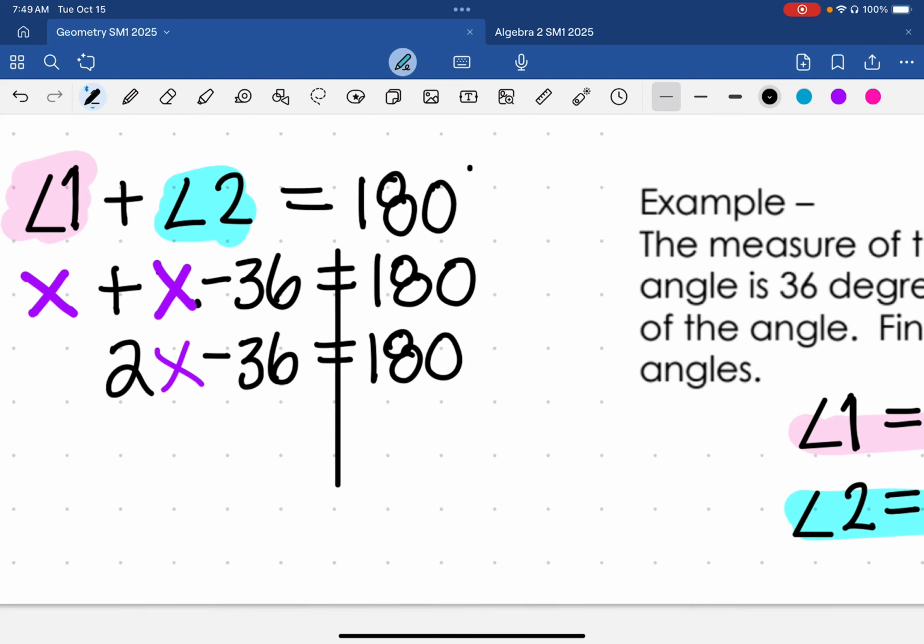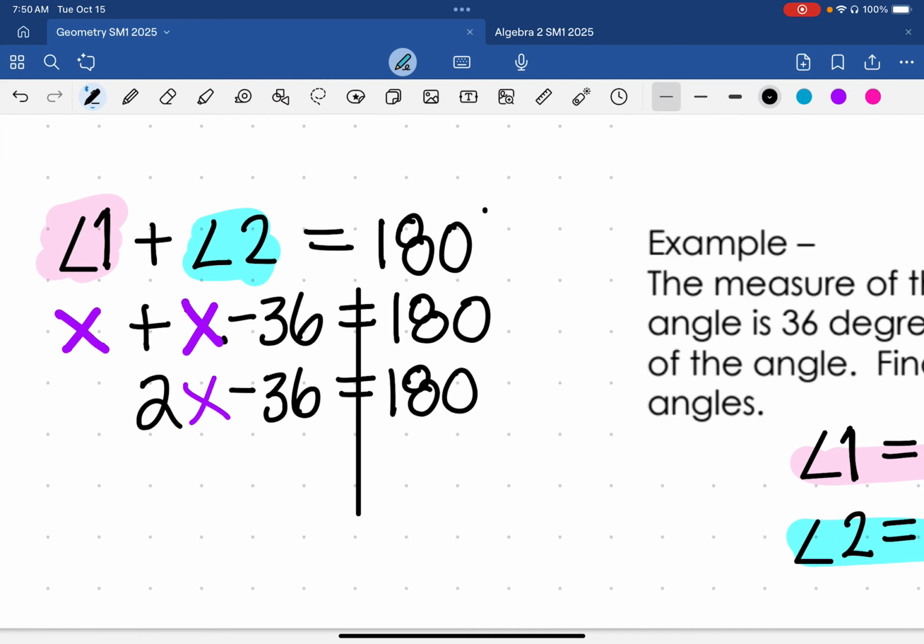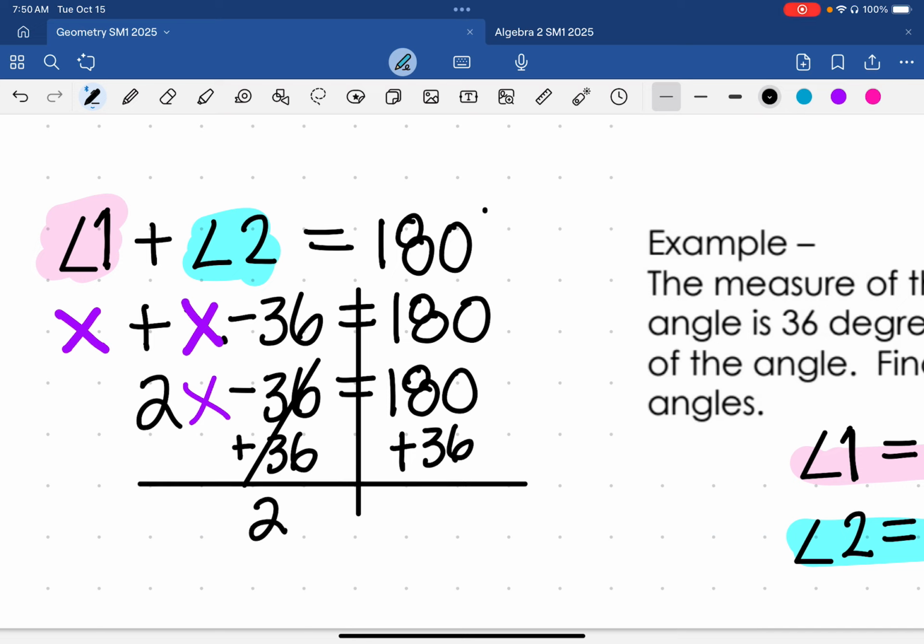And now I'm going to go ahead and solve this problem. Let me just grab my calculator just to make sure that I do this correctly. Remember, we're always getting rid of that number after the x. So I'm going to go ahead and add 36 to the other side, which would give me 216.